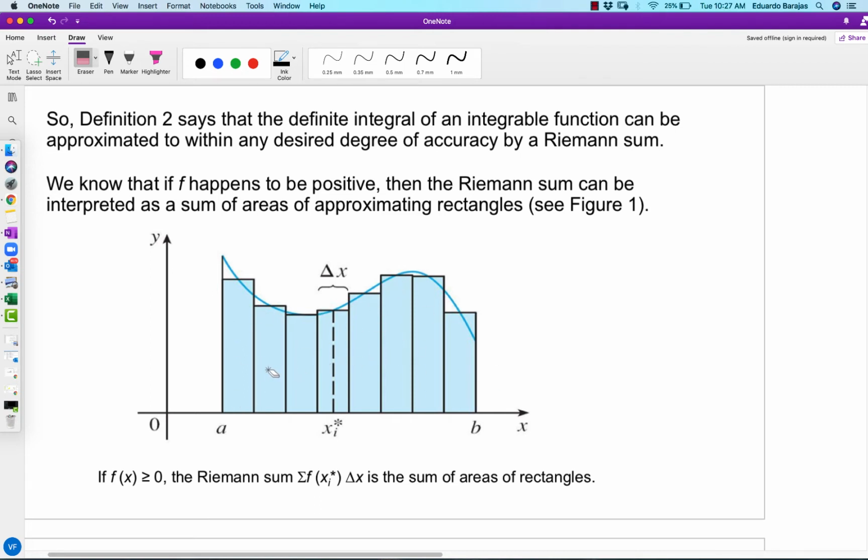So when we say the language area underneath the curve, we automatically mean the area trapped below the f of x function, above the x-axis, to the right of the vertical line x equals a, and to the left of the vertical line x equals b. Right? We can interpret it as area.